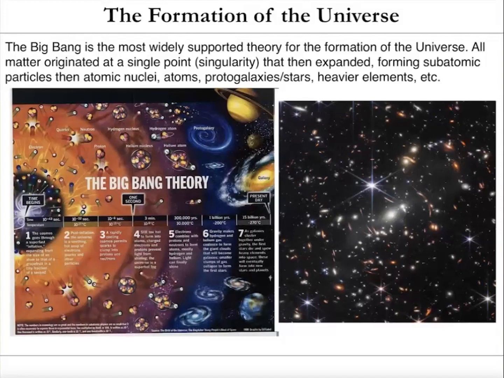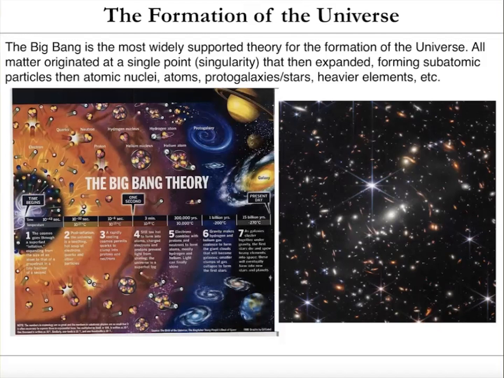And it basically posits that all matter originated at a single point, which is a singularity, that then expanded. It was basically infinitely dense over infinitely long time and then expanded, which formed subatomic particles, then atomic nuclei, then atoms, then protogalaxies and stars and heavier elements, etc.